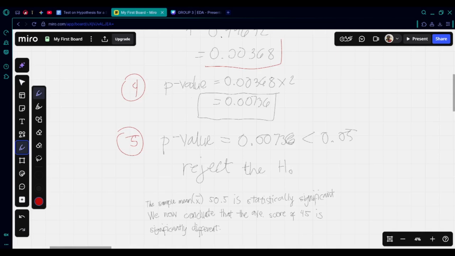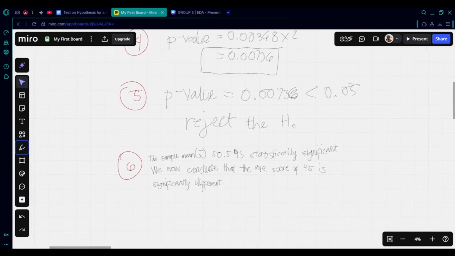So after we reject the null hypothesis, we will now be drawing conclusions based on the given problem. This is our step 6. So we stated earlier that the sample mean of 50.5 is statistically significant. This is our alternative hypothesis.